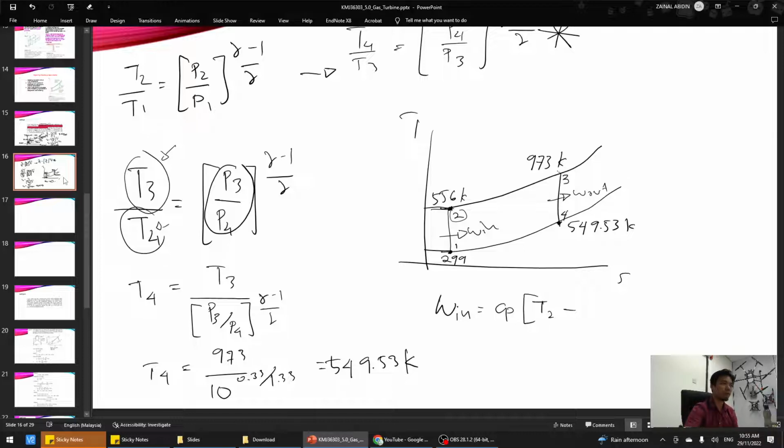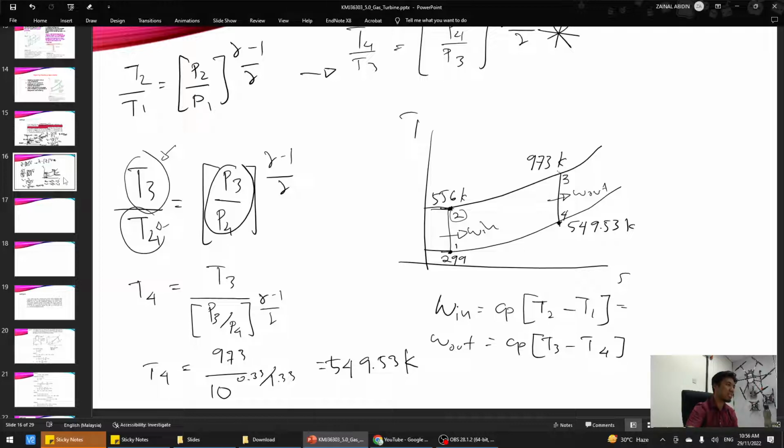My advice is to memorize from the TS diagram itself, because the numbers can change. The numbers 1, 2, 3, 4 can change depending on the question, but based on your understanding, the equation cannot change. So T higher minus T lower.